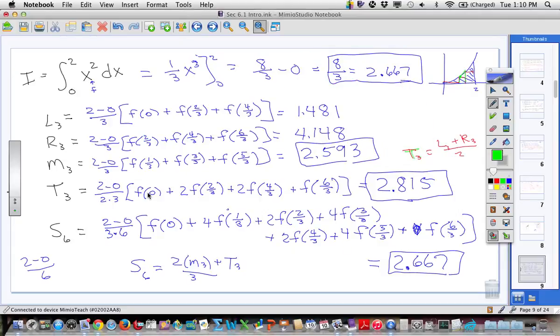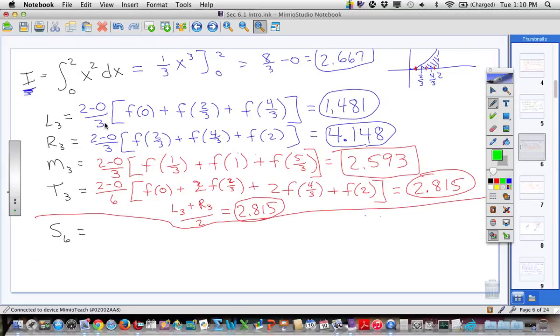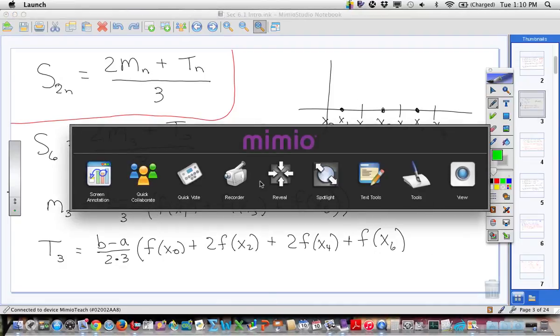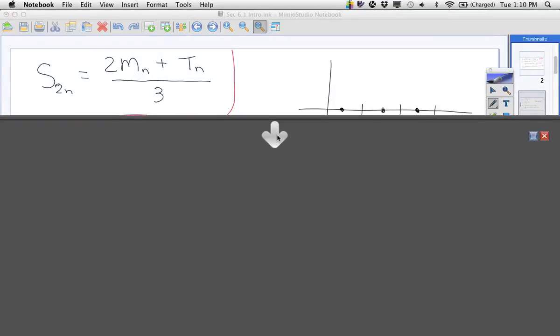So what we're going to do is we're going to take, for our formula, right here, so you can copy this part down right here if you want, and then we're going to come back and talk about this. This is called Simpson's rule. That right there. It's called Simpson's rule. Now, you're going to notice, go ahead and write down what I have here, this 2n. Write this 2n, and then the n's there. Okay? And while you're writing, I'll just talk about it.